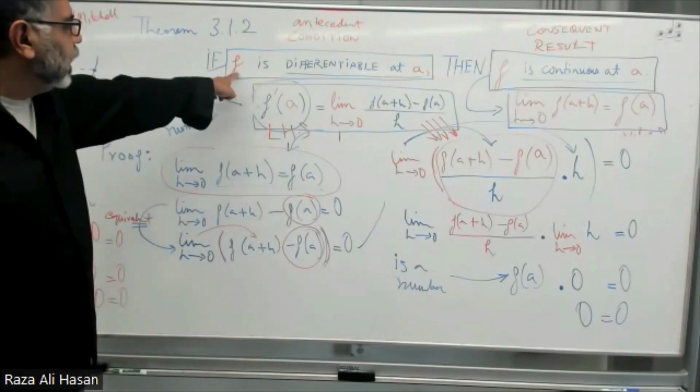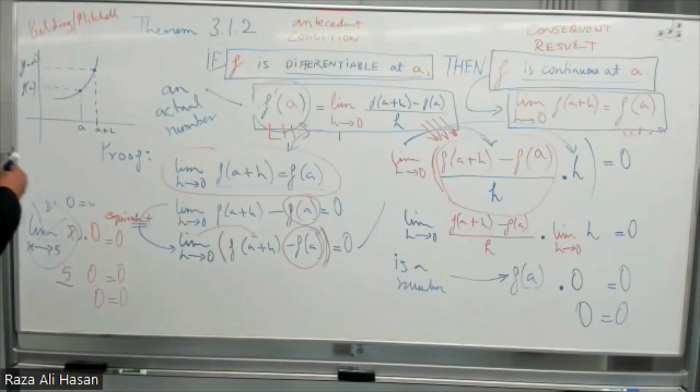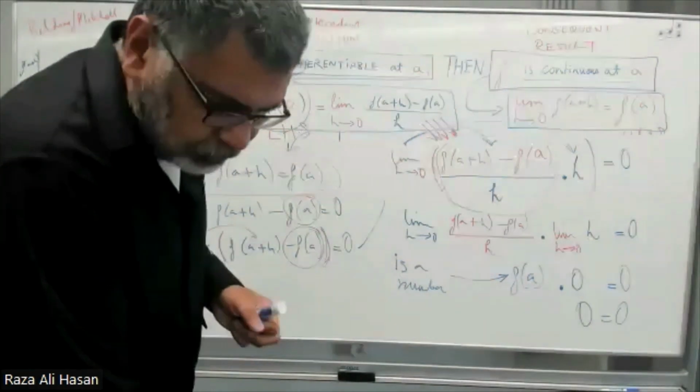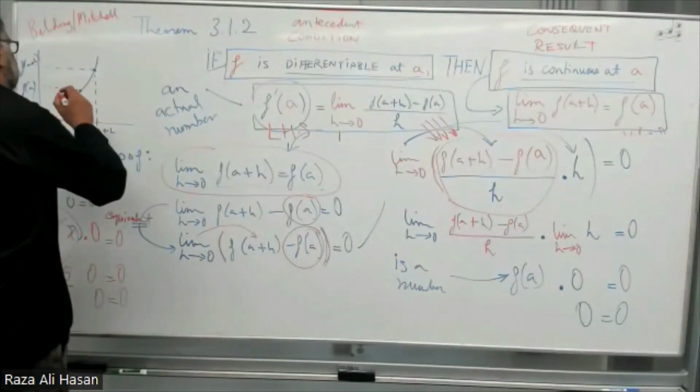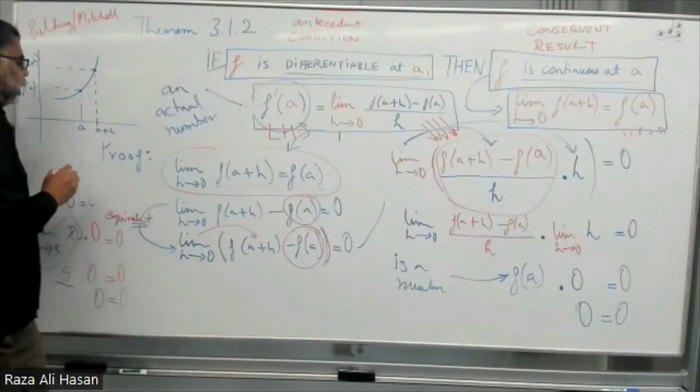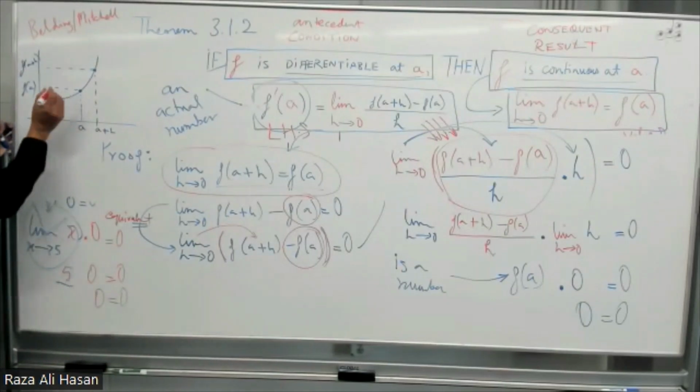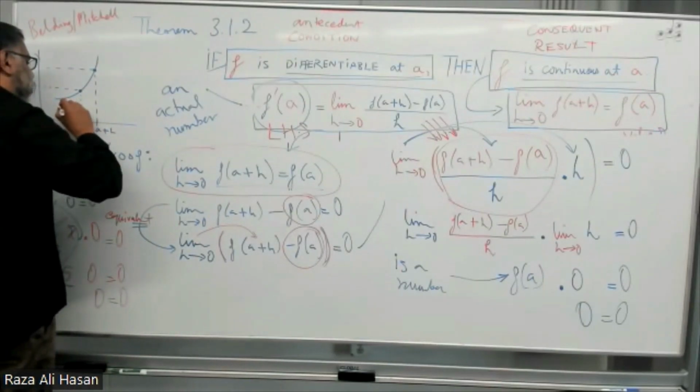What this is saying is f is differentiable at A, which in pictures means we can attach a tangent line that only touches this point on the graph.